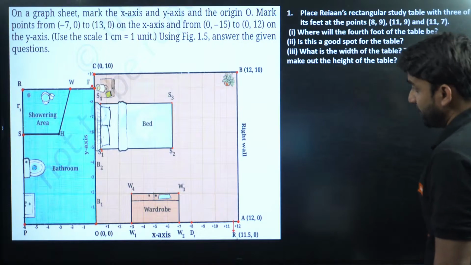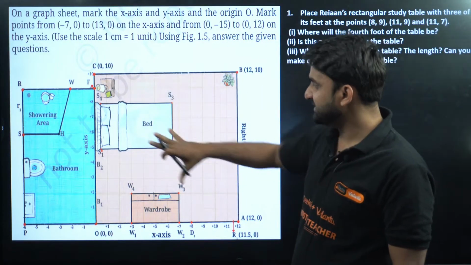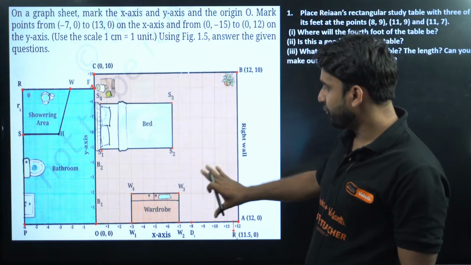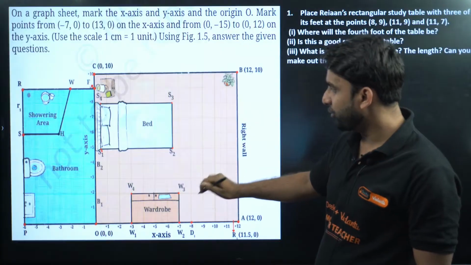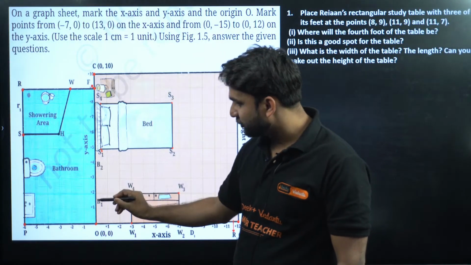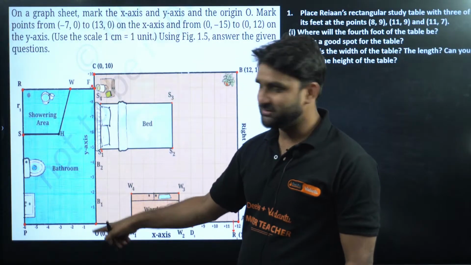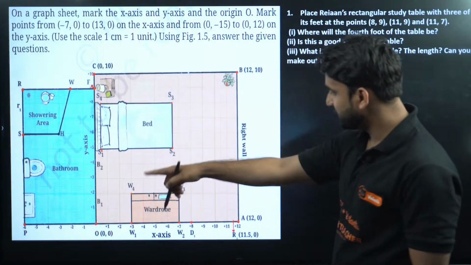So this is basically Rian's home, and this is the inside structure of his bedroom. This is the bedroom that we already met in the first question, and this is the bathroom, and B1 and B2 are the doors of the bathroom. We have already solved a question based on this. Here is the showering and bathroom area, with the wash basin and all.